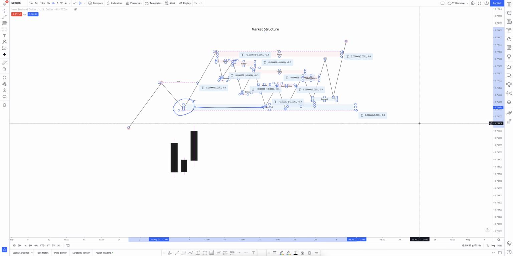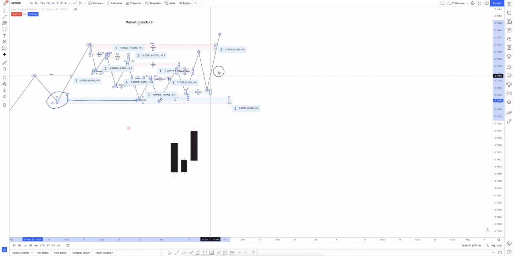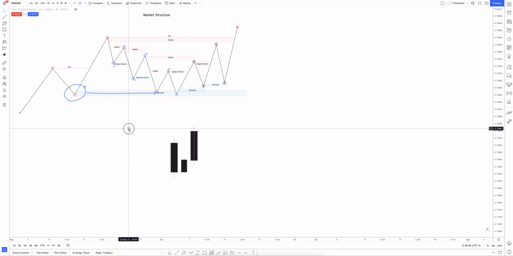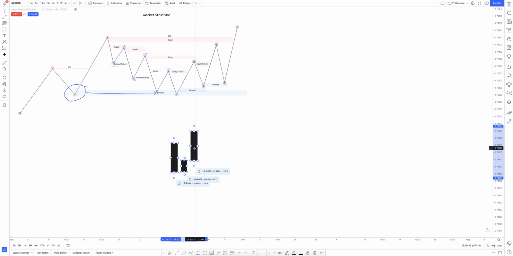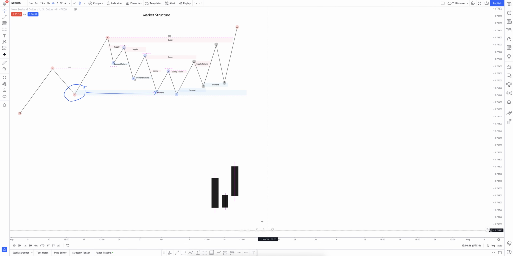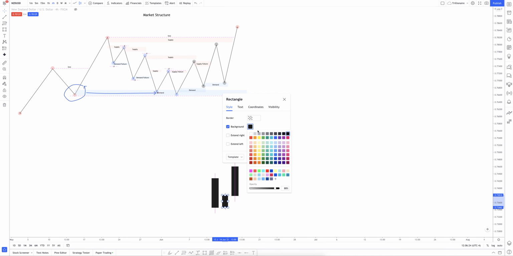Let's move this up. Oh man, it's going to take forever to move up. We'll just do it like that. There we go. Okay, and then let's move this down actually. All right, let's change these 2 candles to bullish, so I'll make them a green color, I guess.